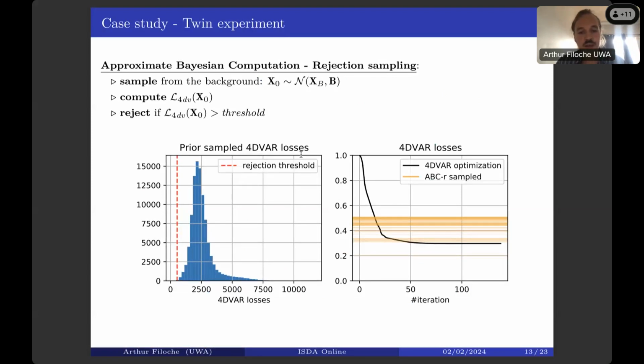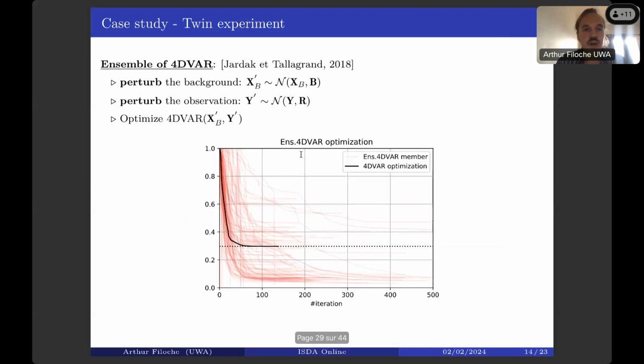So here we take 100,000 samples and we keep 0.1%, and you see that the losses are around the one we obtain optimizing 4D-Var, even sometimes below. And the second one is just an ensemble of 4D-Var. So perturb the background, perturb the observation, and optimize a new 4D-Var and create an ensemble this way.